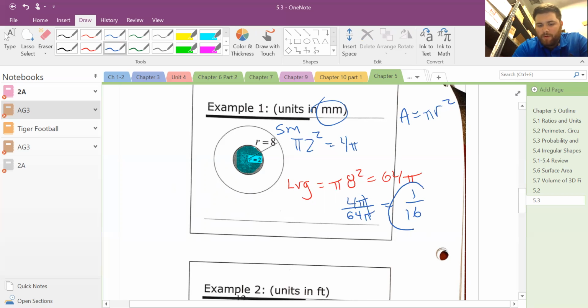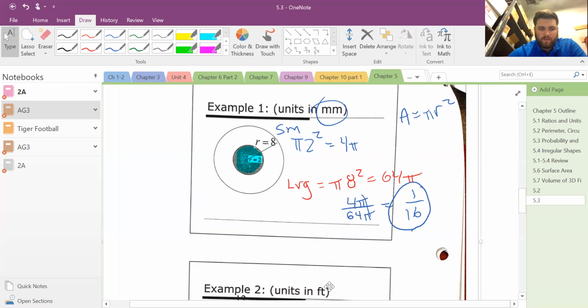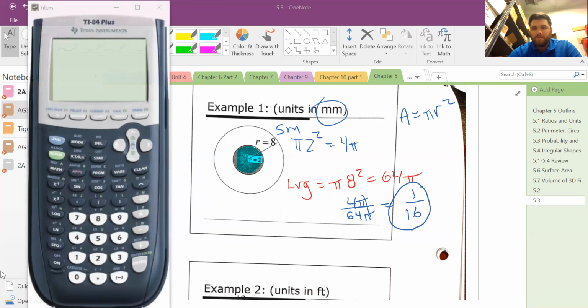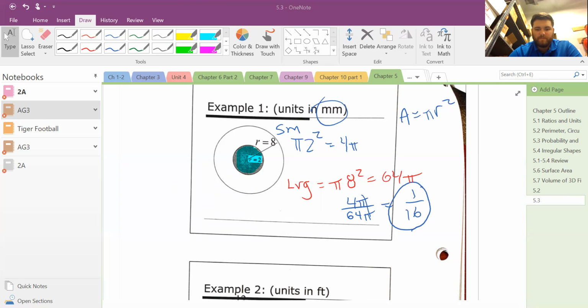If we want to get super technical, we can turn that back into a percent. So I go to my calculator, 1 divided by 16, and I have a 6.25% chance.